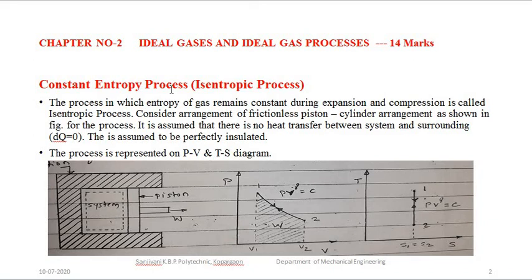So what is the requirement for a process to be a constant entropy process or the isentropic process? The requirement is that there should not be any heat transfer between the system and the surrounding. Therefore, we assume that we have a system with perfect insulation. We can see in the figure on the slide that we have considered a piston cylinder mechanism. 1 kg of gas is used for the analysis.